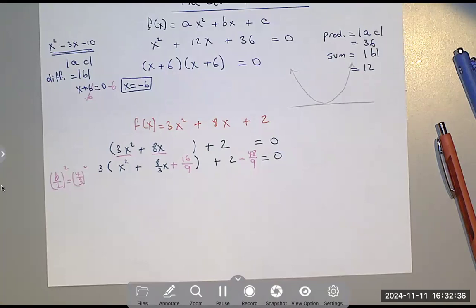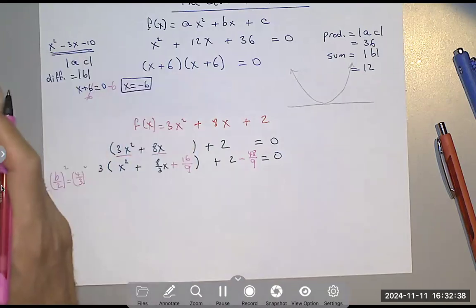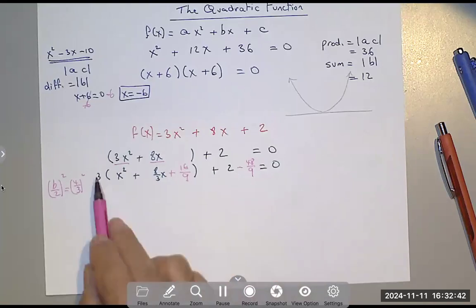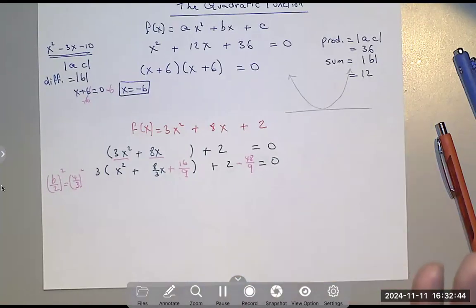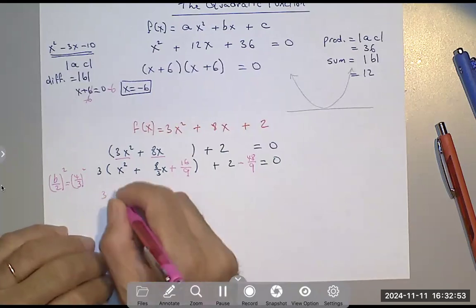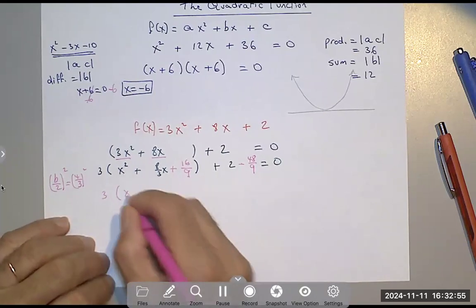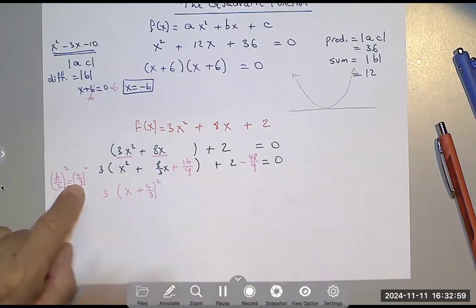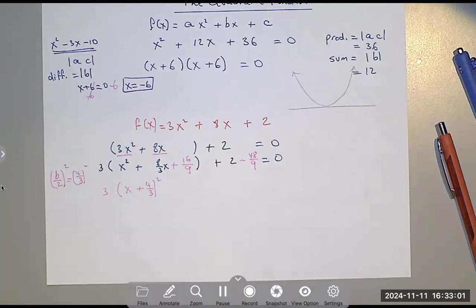Extremely important to notice. If you factor something else out, before you subtract or add, multiply it and see what you really added or subtracted, and do the opposite outside. Now, we know that this guy is x plus 4/3 squared. You don't need to check that. We know that.